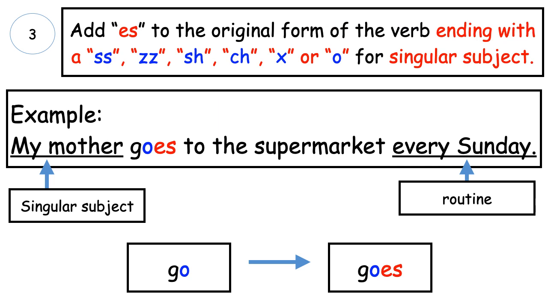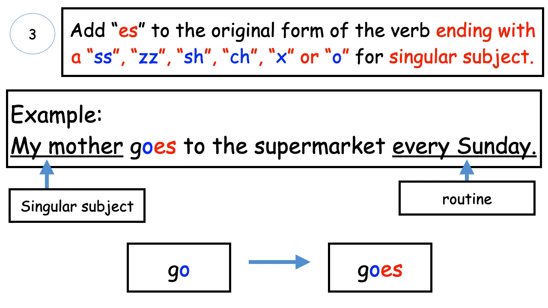And when the verb ends with O, my mother goes to the supermarket every Sunday. So my mother is singular, so definitely we have to add something to the verb. Di sini mother, seorang. So kalau kita nampak subjek dia seorang, sudah tentunya kita perlu tambah S, ES ataupun IES pada kata kerja dia.